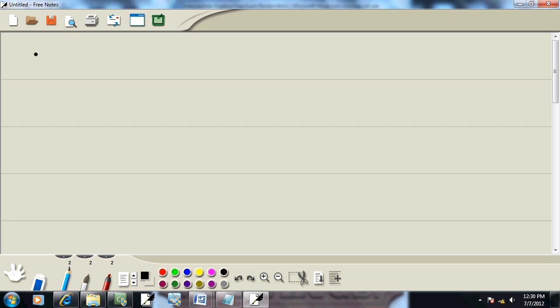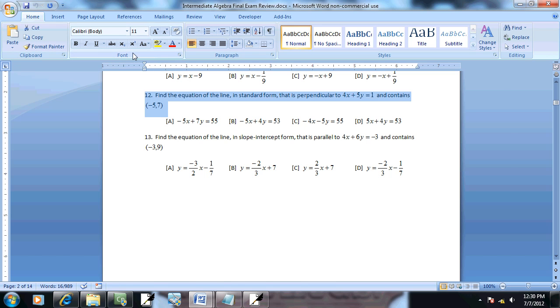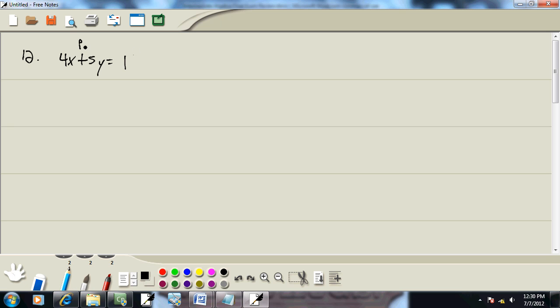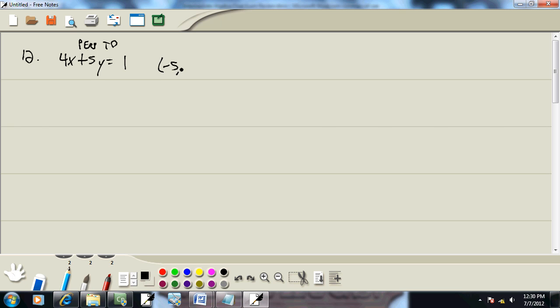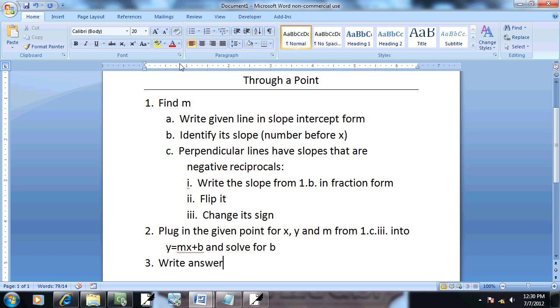12 says it passes through the equation 4x plus 5y equals 1, and well, it's perpendicular to that, sorry. So it's perpendicular to this, and it passes through the point (-5, 7). Okay, step 1, find m.